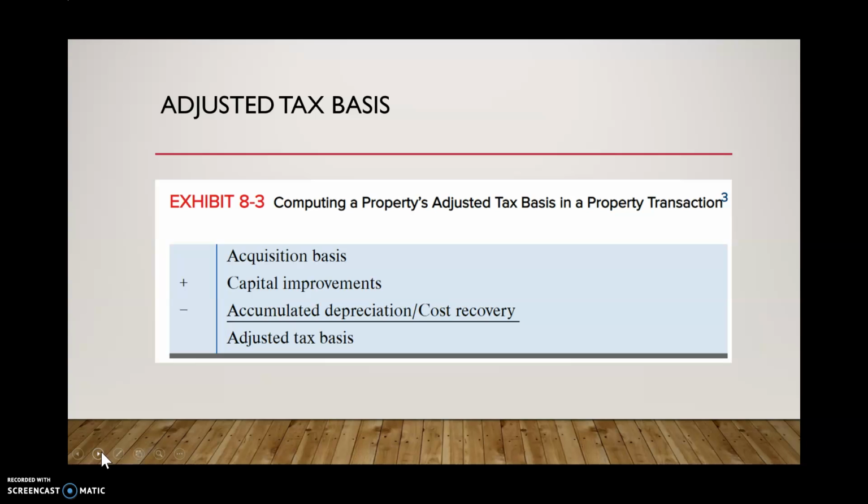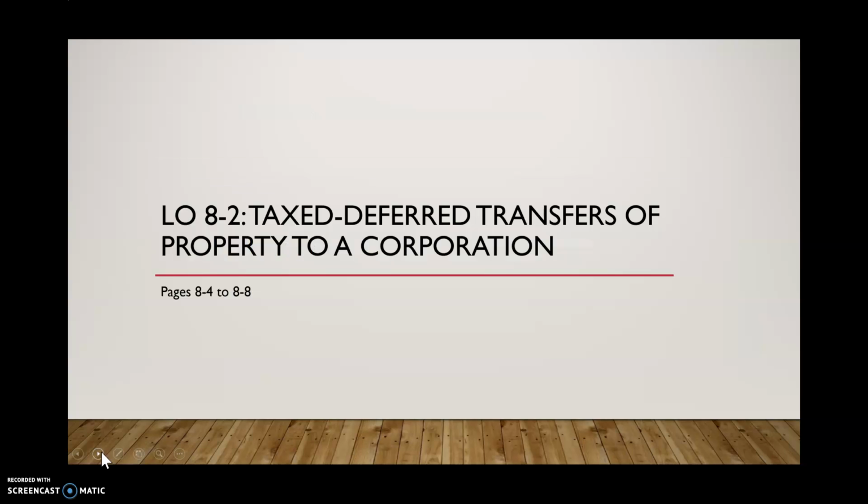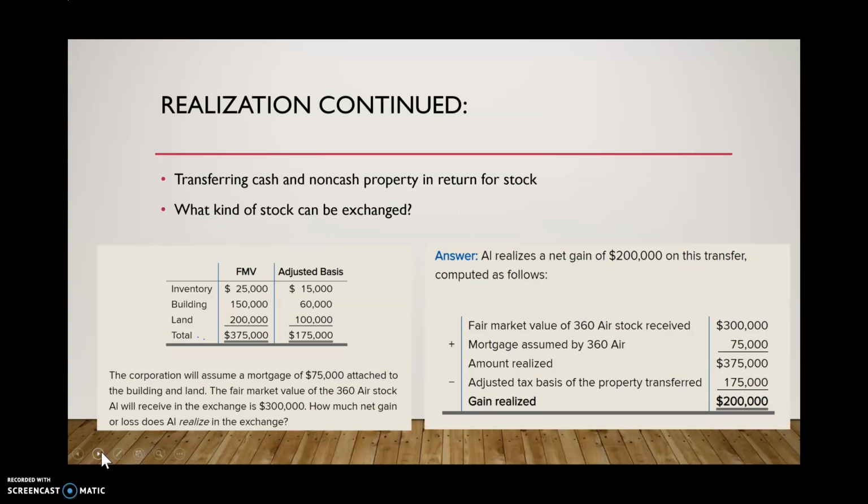So the tax basis is going to be an asset's carrying value for tax purposes at a given point in time, measured as the initial basis plus improvements less depreciation or amortization. So realization is going to be when transferring cash and non-cash property in return for stock.